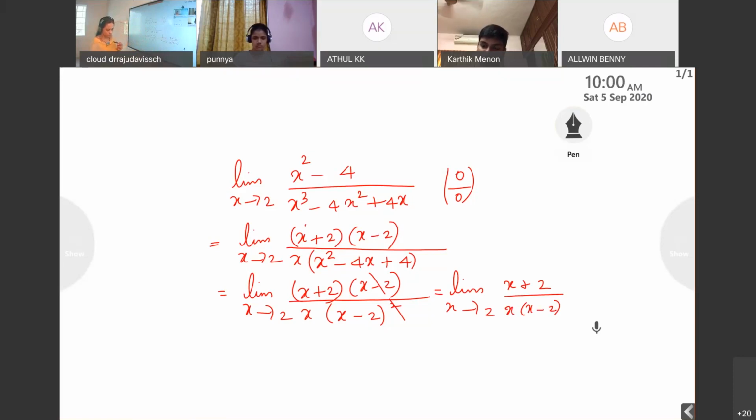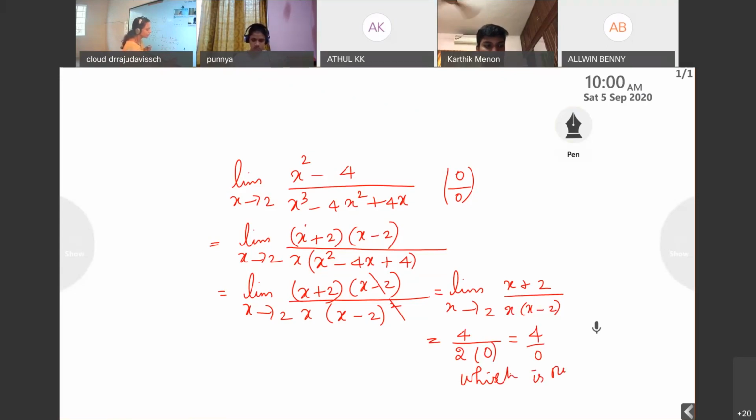Now substitute x is 2. What do you get? 4 by 2 into 0, which is 4 by 0. So here the limit is not defined.